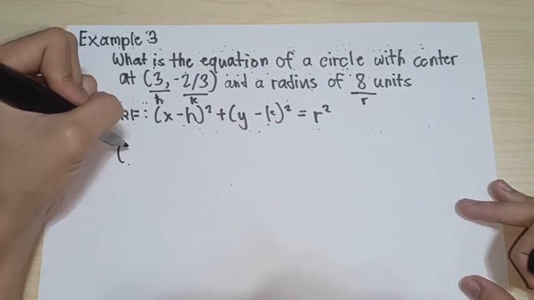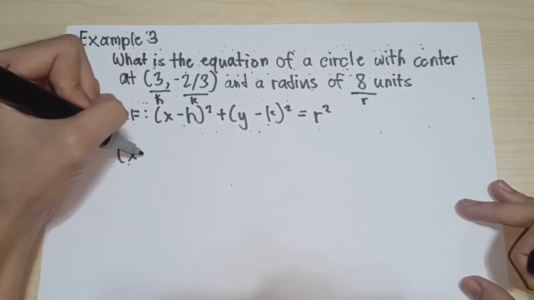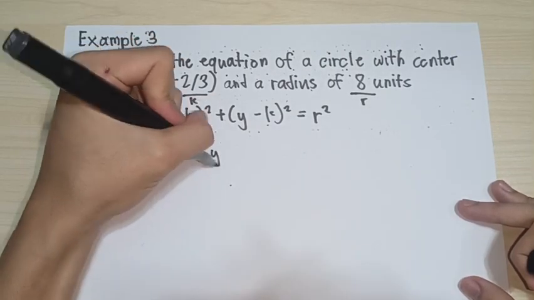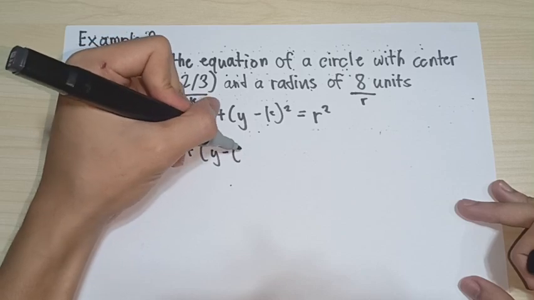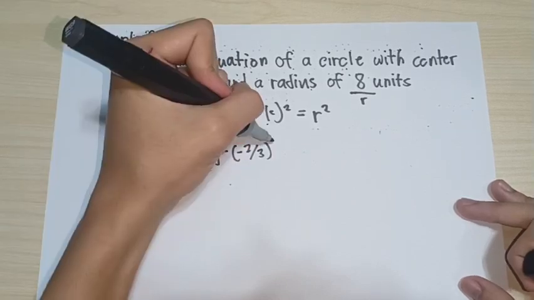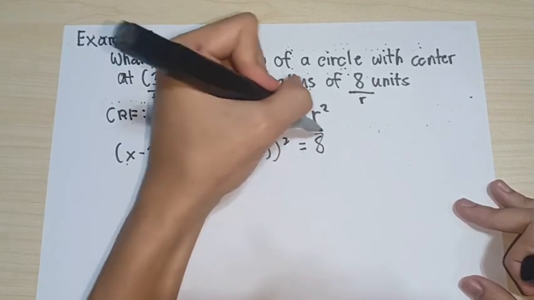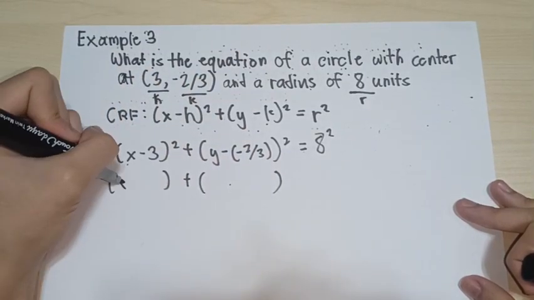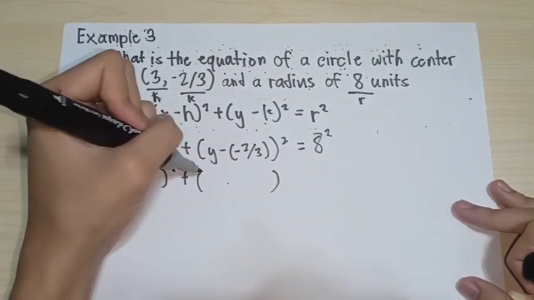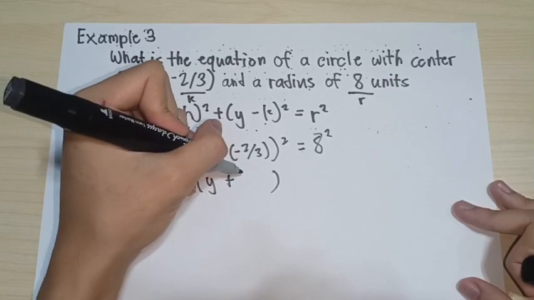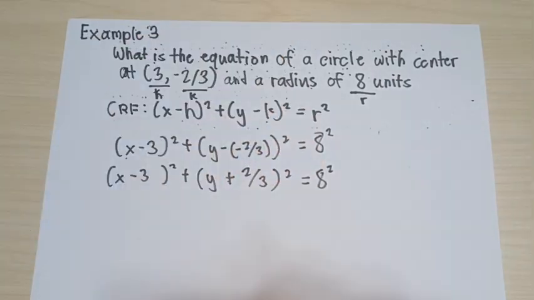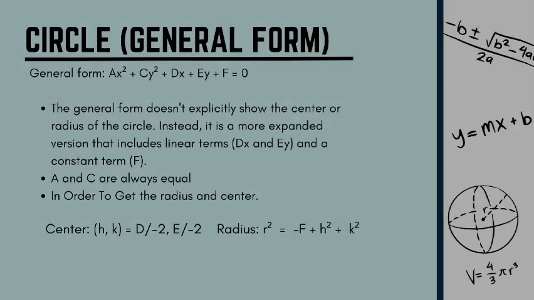Now let's put them into the CRF. Since it is negative 2 over 3, we keep it as is, times by itself. So (x minus 3) squared plus (y plus 2 over 3) squared equals 8 squared, and we got our answer.